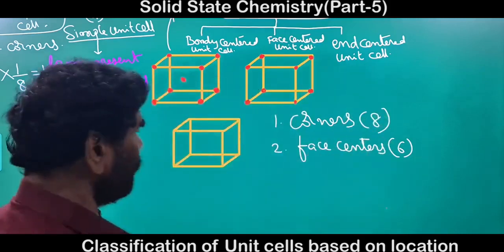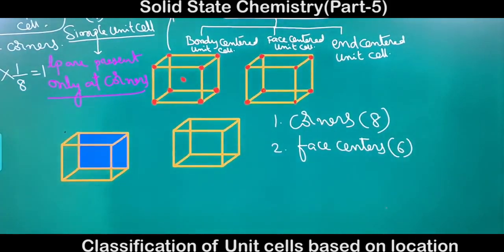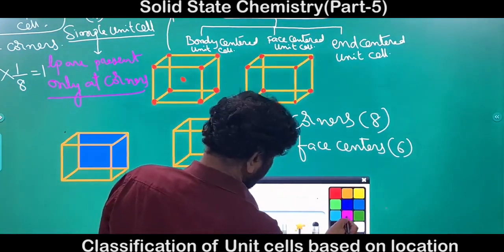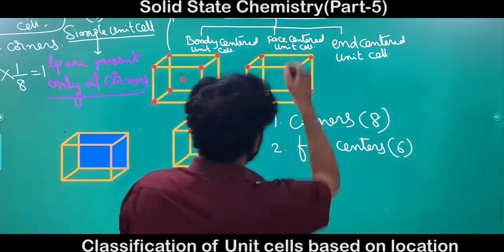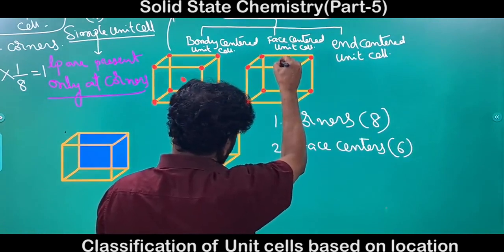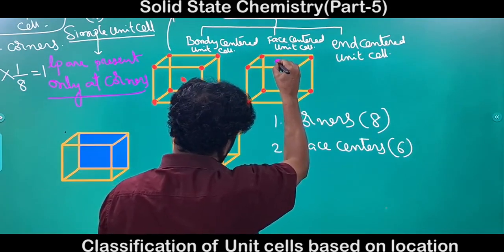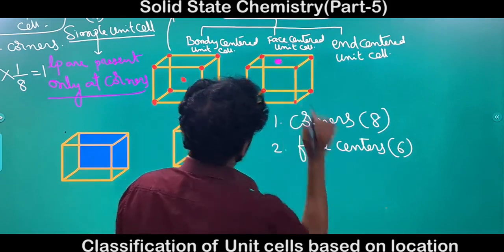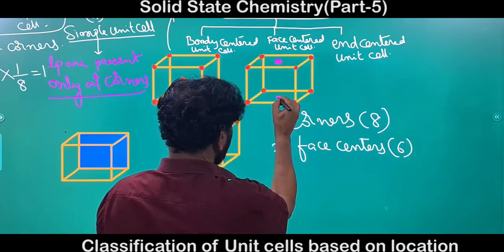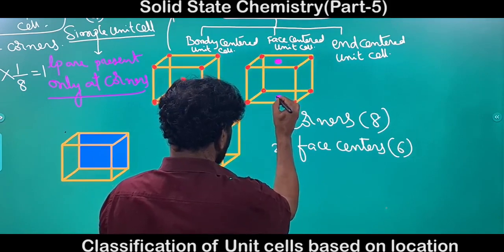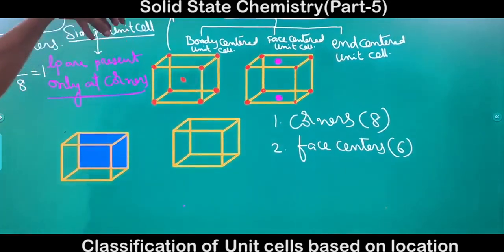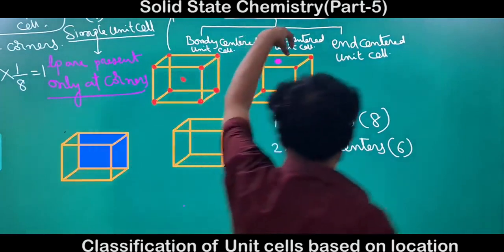8 corners, that's all. Now let me write the face centers in another color. Up, top, this is one face center; and down, this is the bottom face.